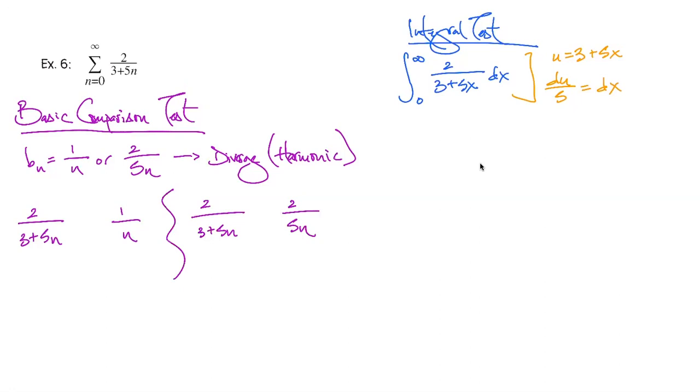Oh yeah. But backwards. Like I was looking at the 2 over 3 plus 5n and comparing it to the other one. All right. So can we say anything definitive about either one of these pairs here?